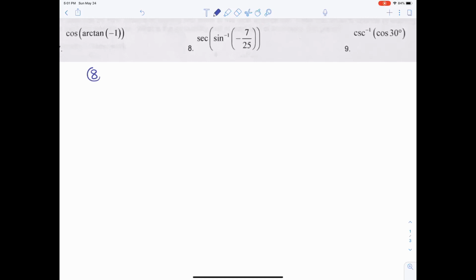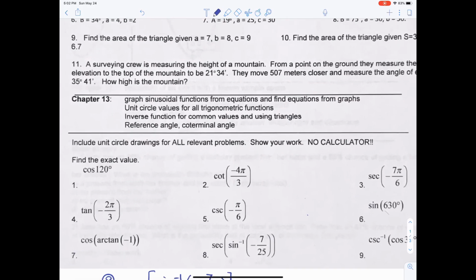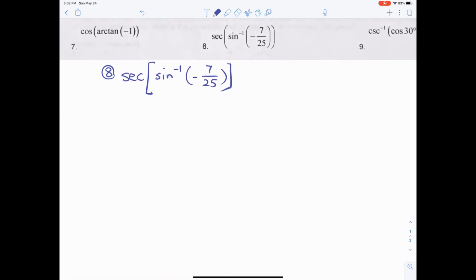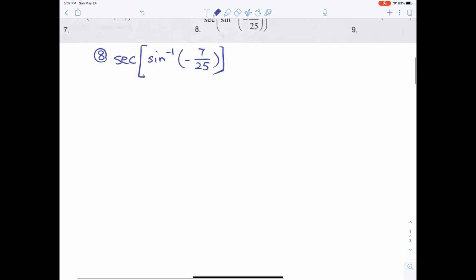Question number 8. Secant... sine is negative. Did they say it is in a particular quadrant?